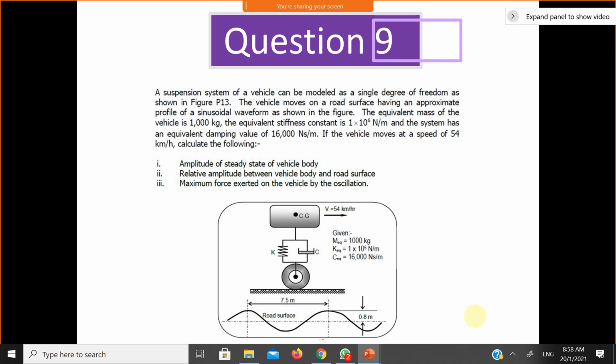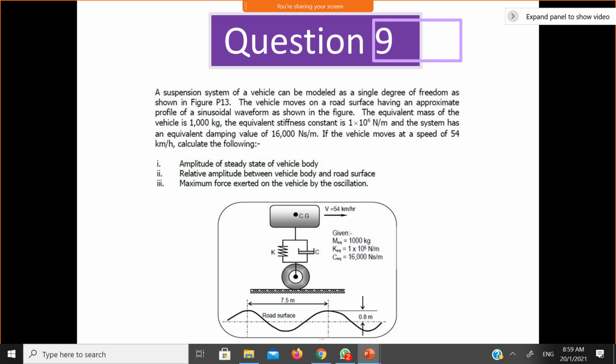This question now. A suspension system of a vehicle can be modeled as a single degree of freedom as shown in figure P13. So in the real case, how many degrees of freedom can we consider for a suspension system? Specifically for a quarter car suspension system, how many degrees of freedom?